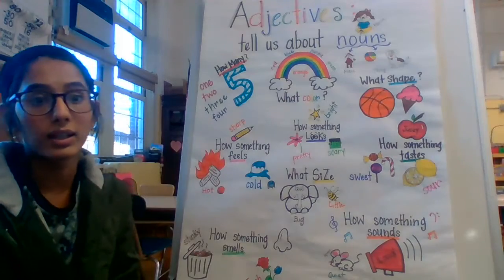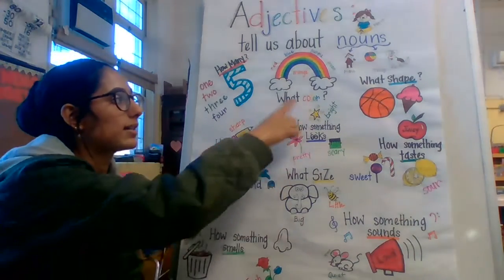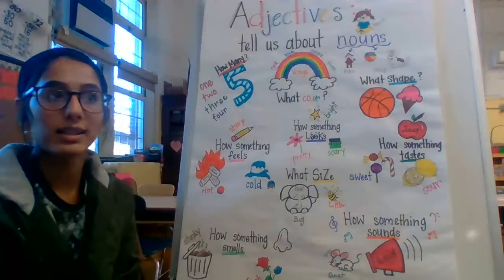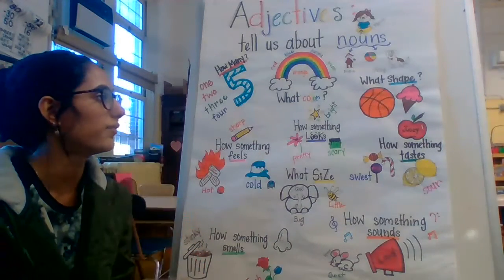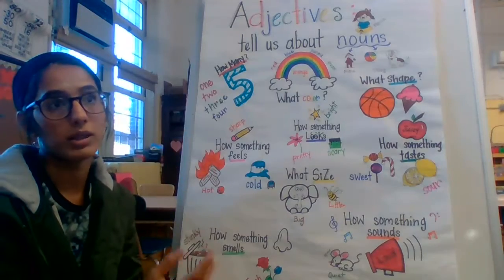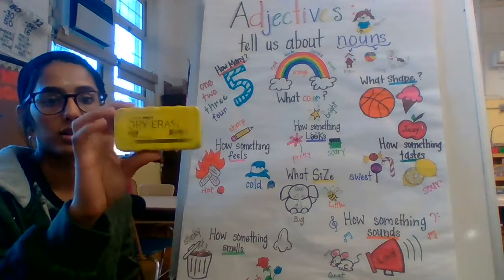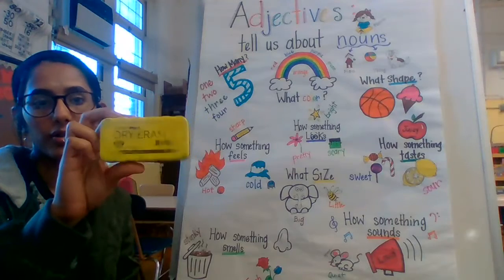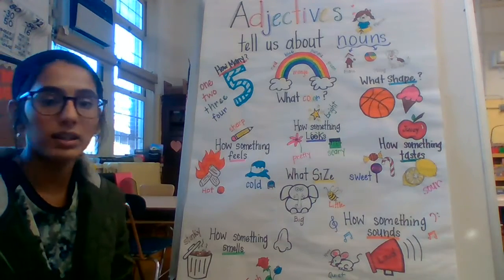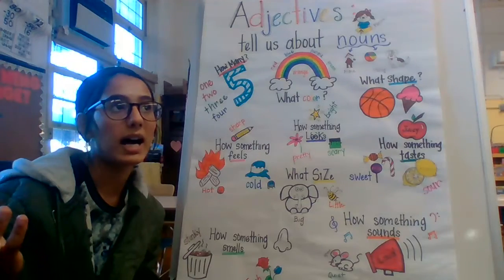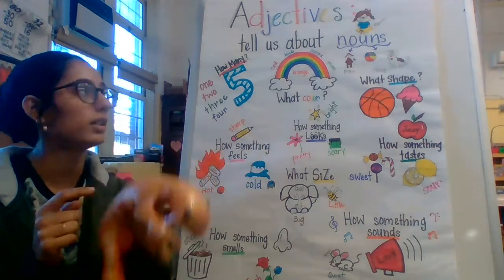It could be juicy like an apple. How something looks. So again, that ties into what color. Does it look scary? Does it look pretty? Does it look cute like our friend over here? What shape is it? Sometimes it could be a certain shape. So for example, this eraser is kind of like the shape of a rectangle, right?